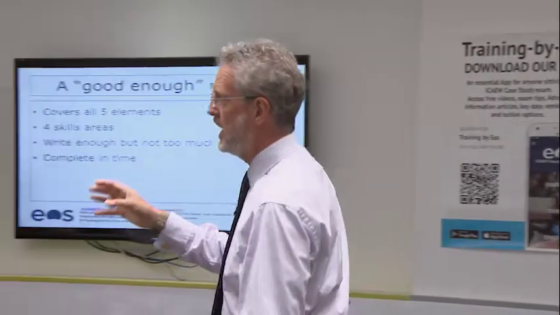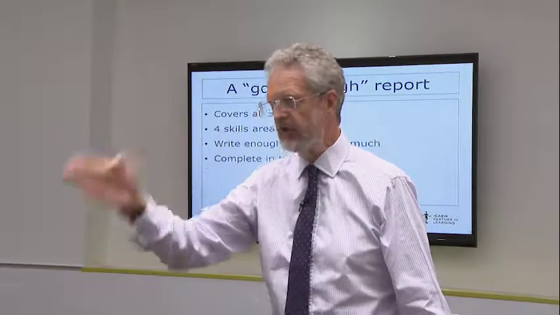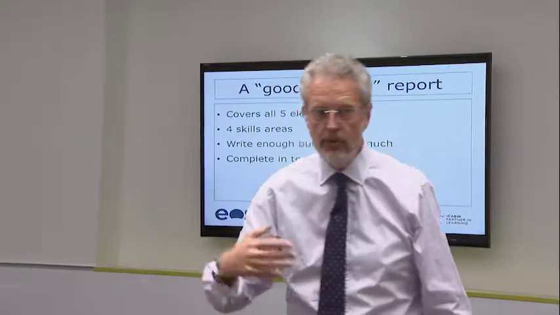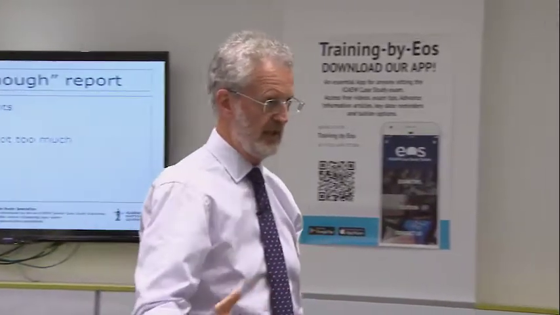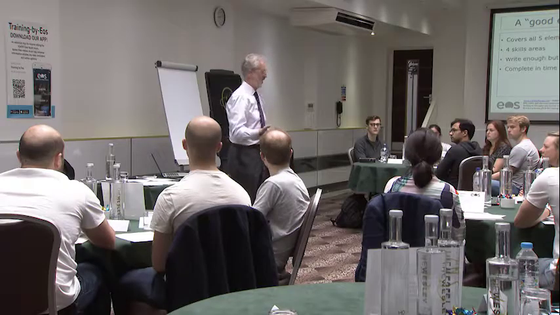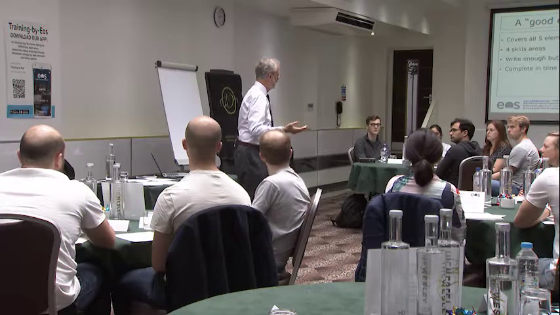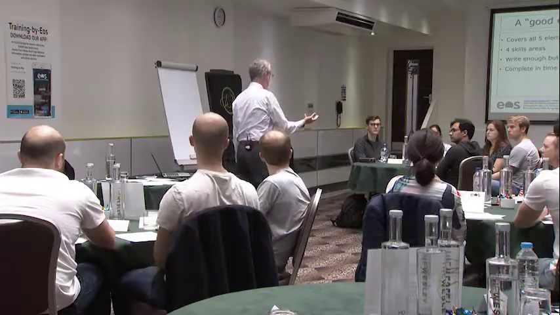You don't need 50% grades in each skill, but you do need to demonstrate all of the skills. And typically, applying judgment, the third of those skills, people find the most difficult to do, very simply because it is the most difficult to do. But you need to demonstrate something.